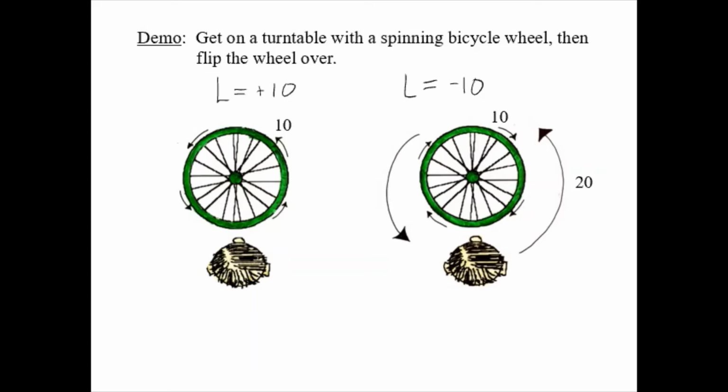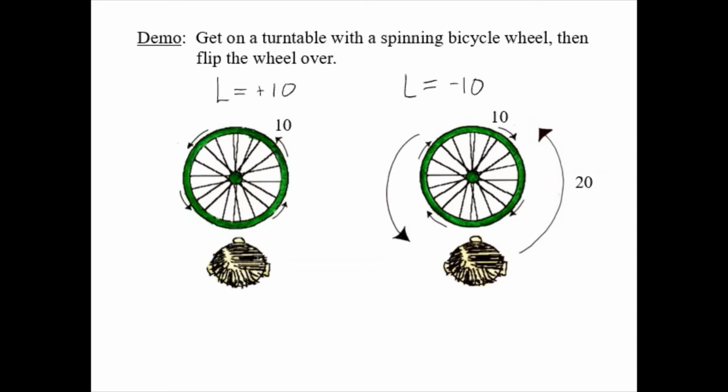Using our right-hand rule, the angular momentum of the bicycle wheel would be pointing into the screen. And so at this point, we've basically gone from positive 10 to minus 10. Well, nature's not going to allow that. If I'm standing on a slippery surface or a rotating stand, nature's going to say, no, no, no, we had positive 10 units of angular momentum in the system, so we need to maintain that.